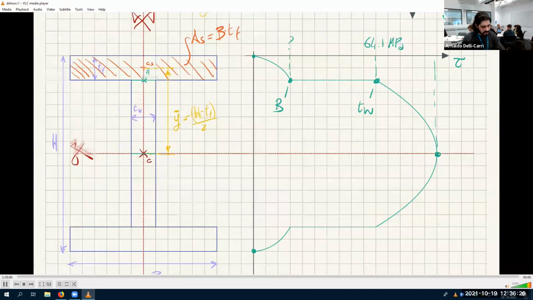But the shaded area is now this one. And it doesn't matter if you take the top one or the bottom one, it's always the same. Problem is, Y bar is also different now, because you have to calculate the centroid of the shaded area. The centroid of the shaded area, let's say it's this one. And so that means that Y bar is now this.